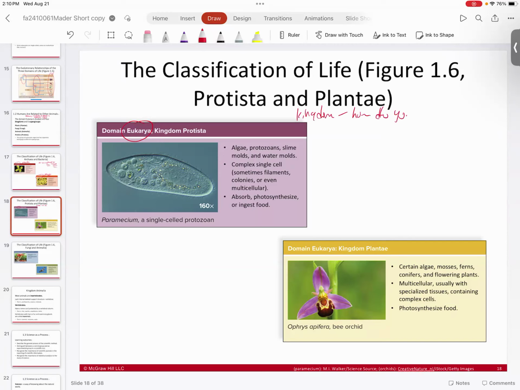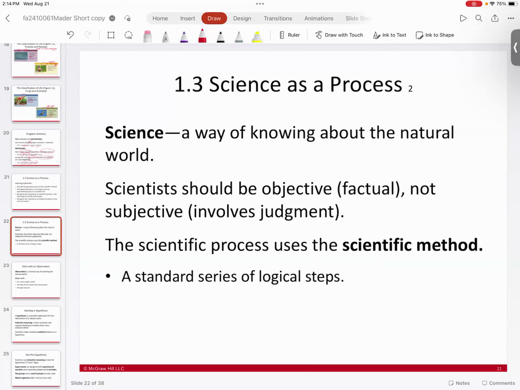So let's take a look at the scientific process now. Basically, science is focused on how to look at and study the natural world. So it focuses on and only touches on natural law. That's all it can do. The critical thing about science is that you have to maintain your objectivity.